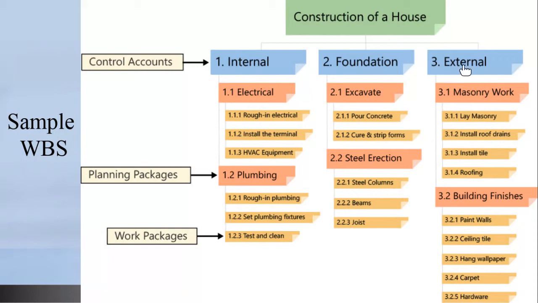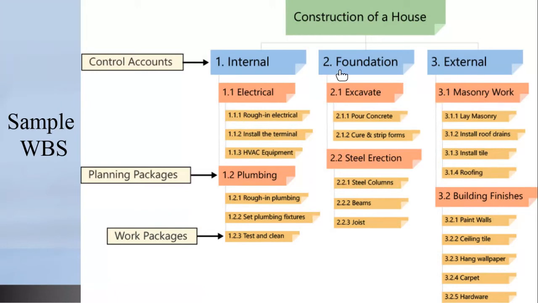Because essentially, let us take external, for example. When we add up everything that is going to take to do building finishes and everything that it is going to take to do the external masonry work, all of that must add up to external.